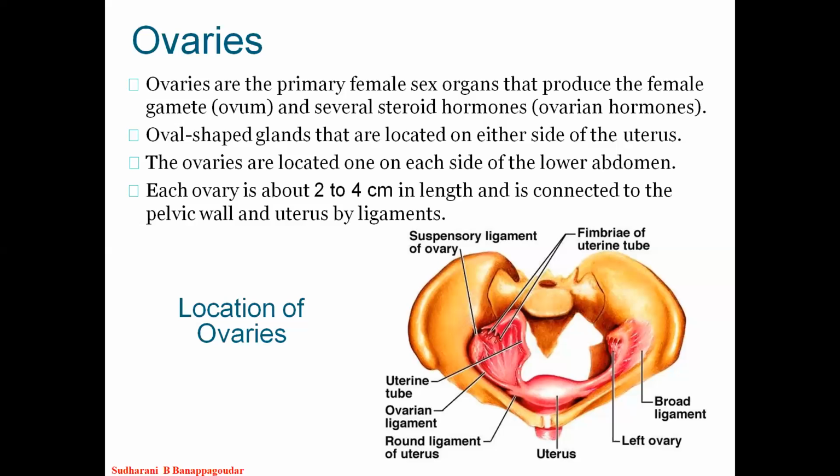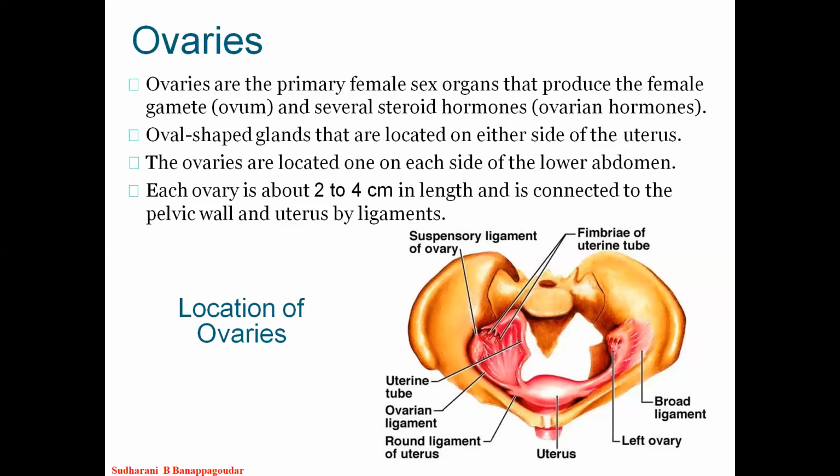Now, what is the measurement? What is the length, the breadth, and the thickness? They measure about 3 centimeter in length, 2 centimeter in breadth, and 1 centimeter in thickness. So each ovary is around 3 by 2 by 1 centimeter, and weighs about 2 to 3 grams each.